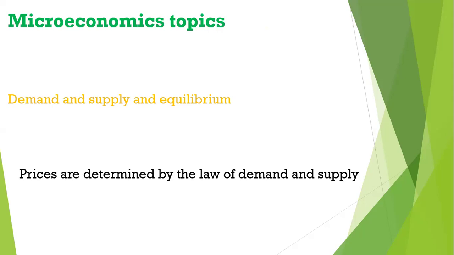For example, if we have more demand and less supply, the prices will go up. If we have more supply and less demand, the prices are going to go down, because they will have to sell the product anyway. So they will decide to reduce the price so people can buy.